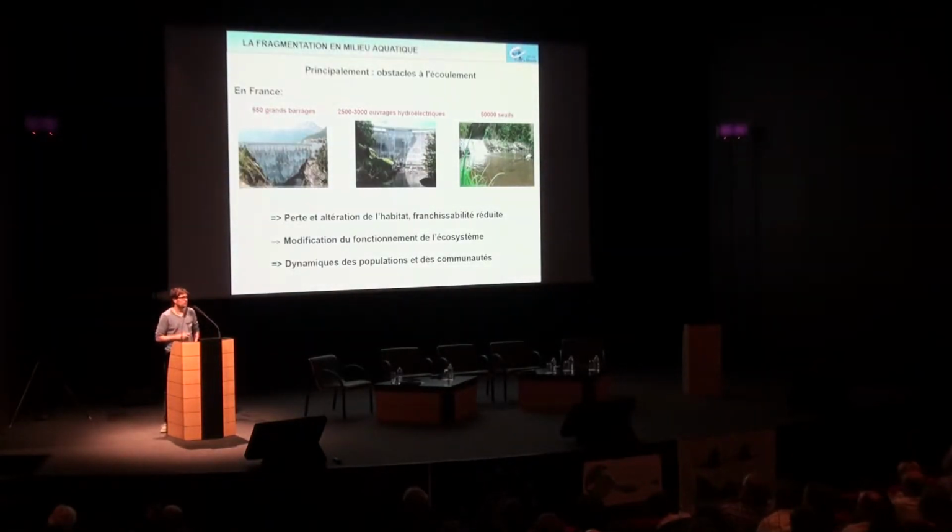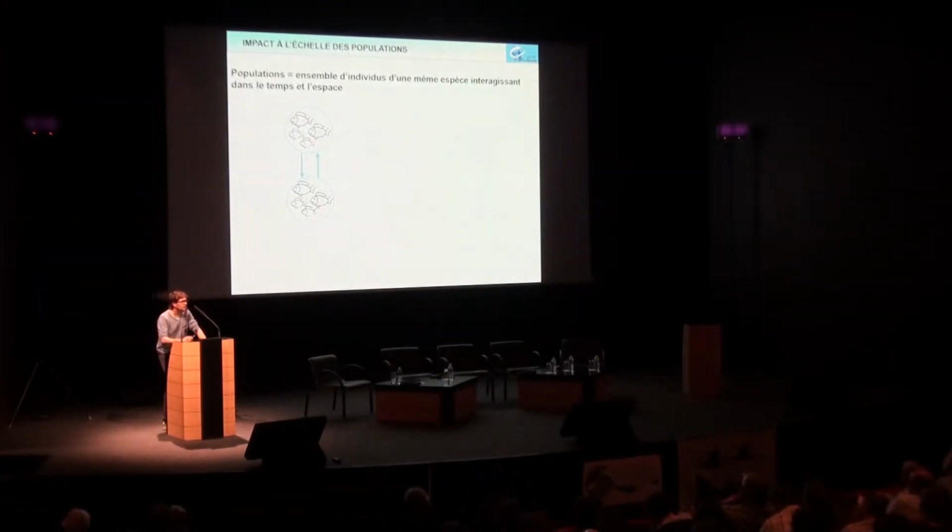I will start with something very basic: fragmentation in aquatic environments is about obstacles, big dams, smaller dams, or weirs. We know that it alters habitat and the movement of fish, and it also modifies the functioning of ecosystems and the dynamics of populations and communities.